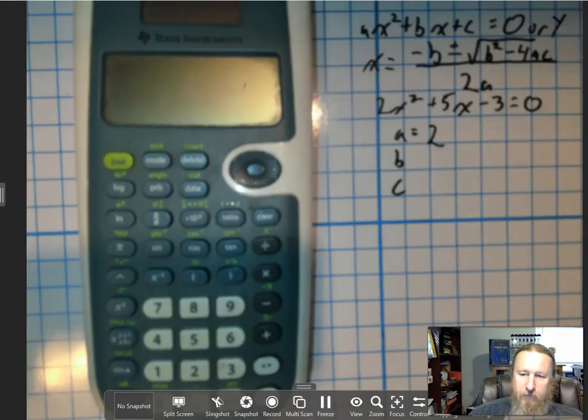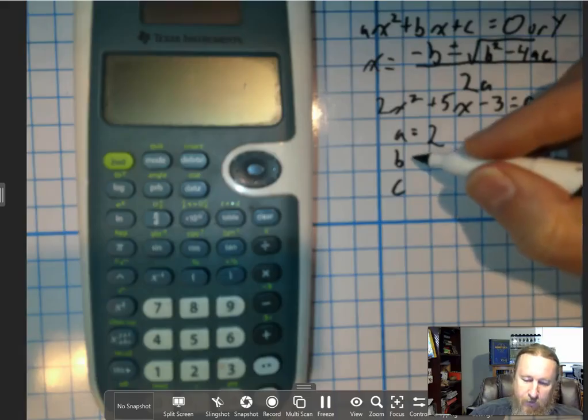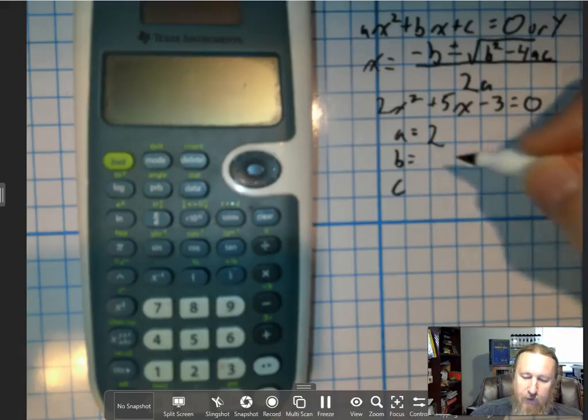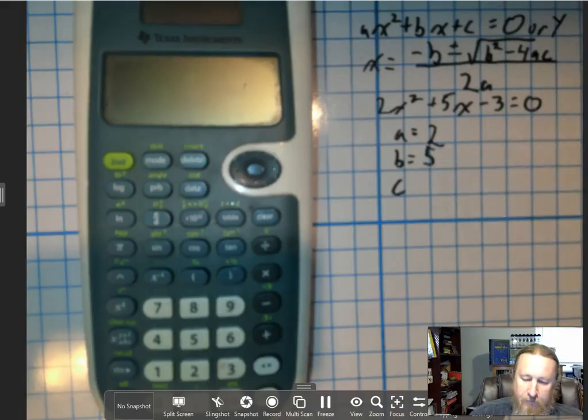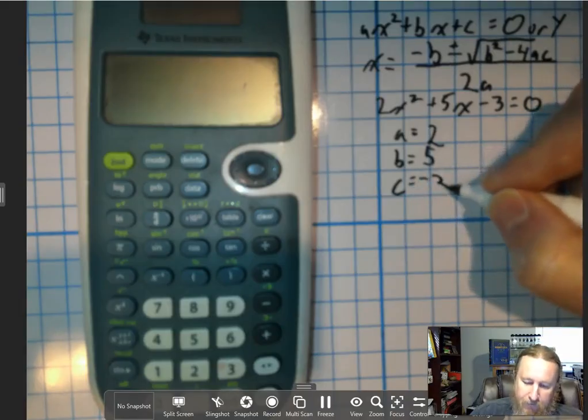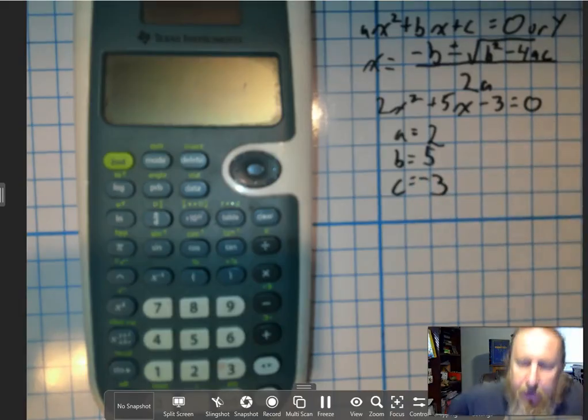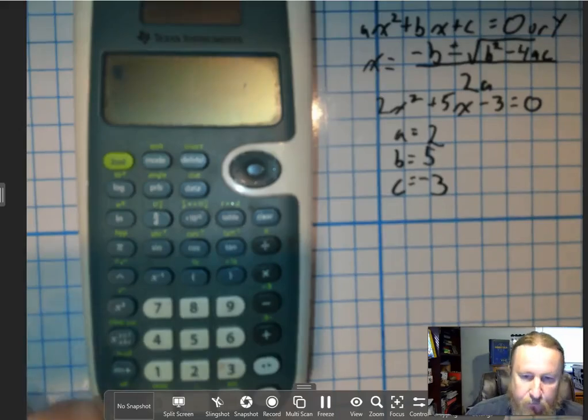B is the coefficient of the x to the first power, or the plain x term, so in this particular case, b is 5. And c is the number term, so we look in our equation 2x squared plus 5x minus 3, and c is negative 3. Now that we have everybody identified, we are ready to punch buttons on the calculator.